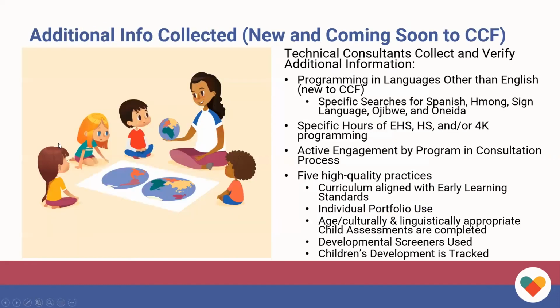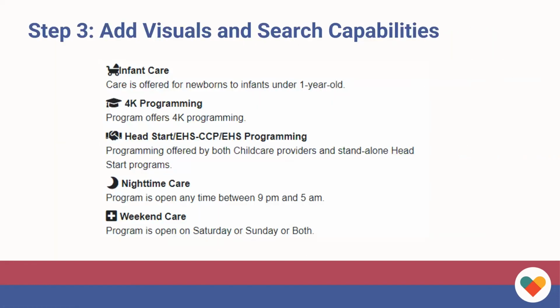And so families were able to go ahead and search by these features instead of just, I want to see what is available in my county, or what is available in my city, or what is available at a 3-star or 4-star level.